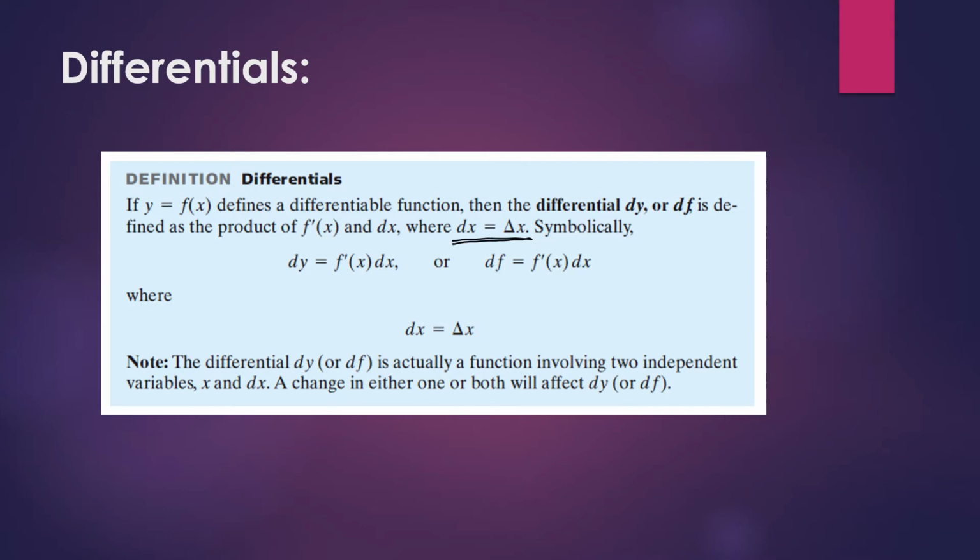So I can say that dy equals f prime of x dx, or df is f prime dx, as long as dx equals delta x. They also want us to know that dy or df is actually a function involving two independent variables. We have x and the change in x. If one or both of those variables change, then dy or df will also be affected.